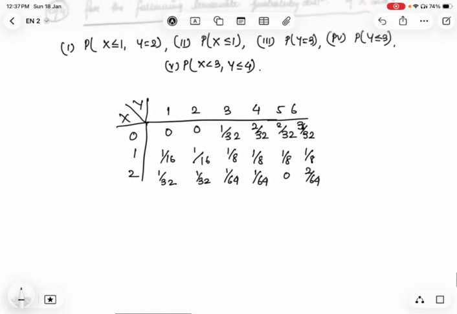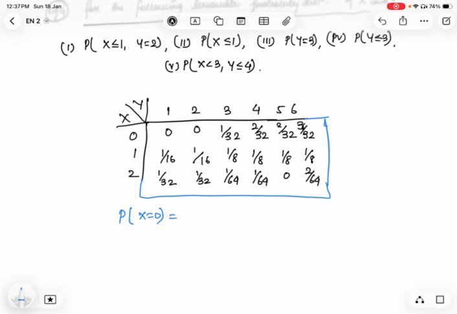Whenever you get this question, first of all solve the marginal probability. What is the probability of X equal to 0?